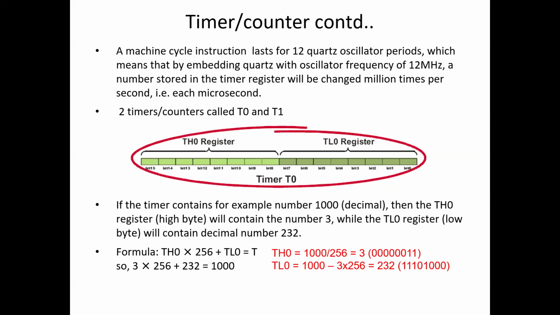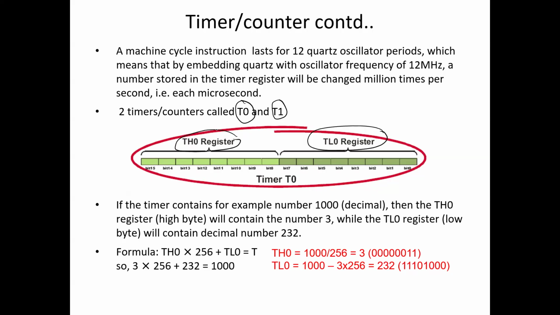So two timers are actually used. T0, which I already discussed during the architecture, and T1. The T0 timer is a 16-bit timer divided into two registers, TL0 for the lower bits and TH0 for the higher bits.